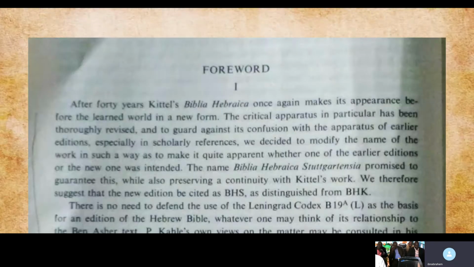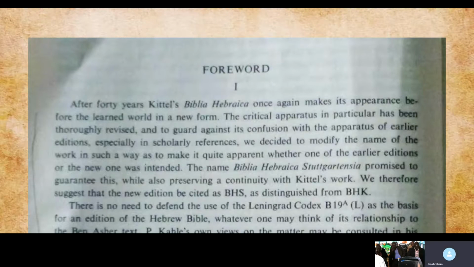It has a foreword, and in the foreword, it describes how this book came to be. Whenever you get a biblical text, whether it's Swahili, French, English, King James or NIV or whatever translation, always read the preface or the foreword, because it gives you information about why they chose to do things the way they did, both in how they translate and in how they lay down the text and make their notes.